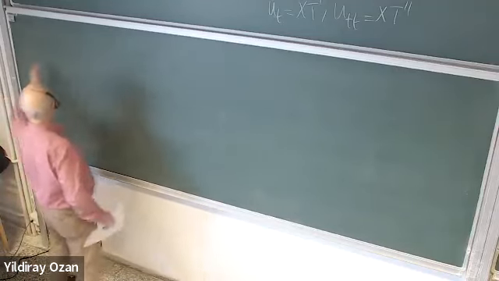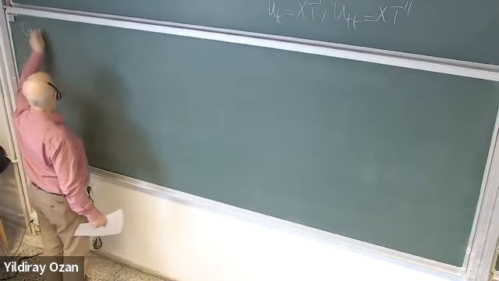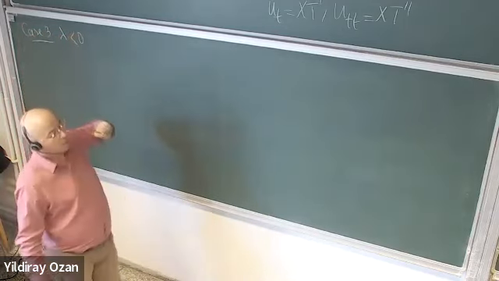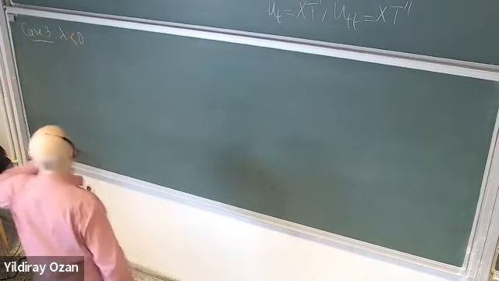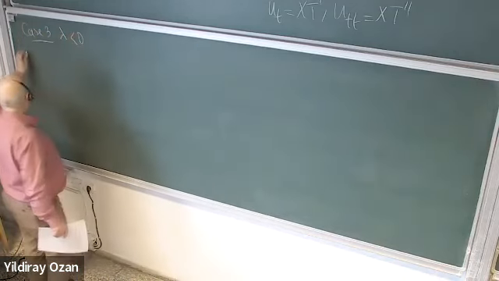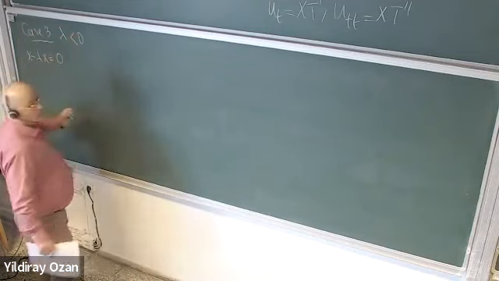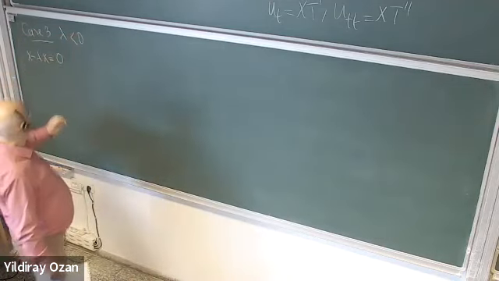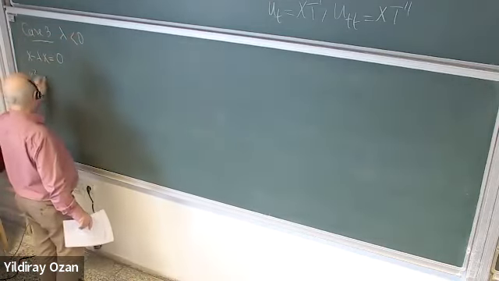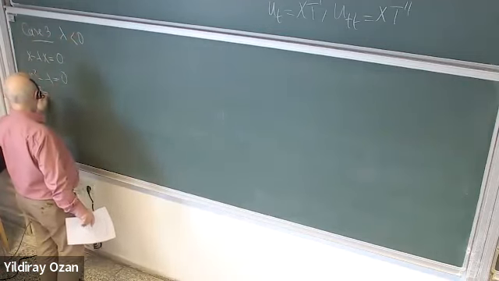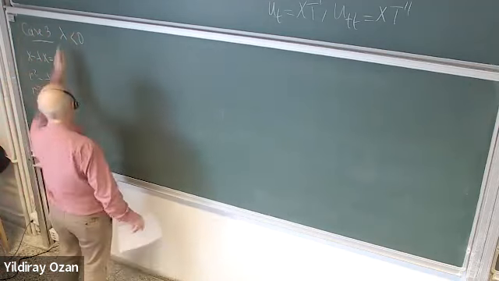Okay, so case 3, lambda is negative. In this case, we had this equation, r squared equals lambda, and it is negative.